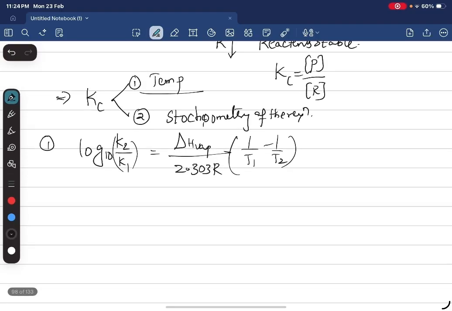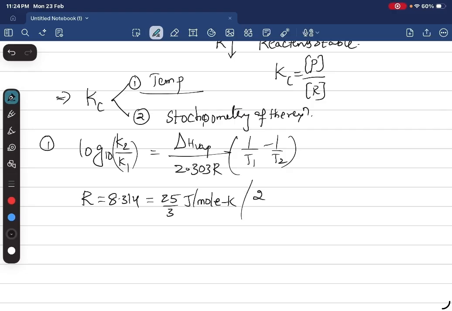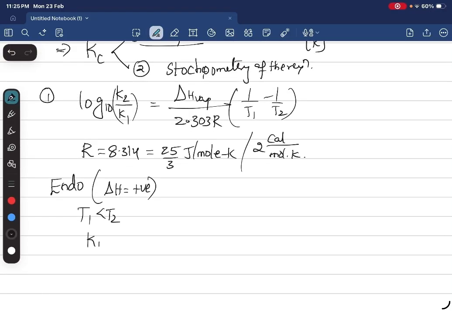So here delta H is the enthalpy, heat of the reaction. R we can write as 8.314, which is nothing but 25 by 3 joule per mole Kelvin, and R calorie value is 1.987. We just take calorie per mole Kelvin. So here endothermic reaction means delta H will be positive, then T1 less than T2 and K1 less than K2, and temperature increases, K also increases in case of endothermic.